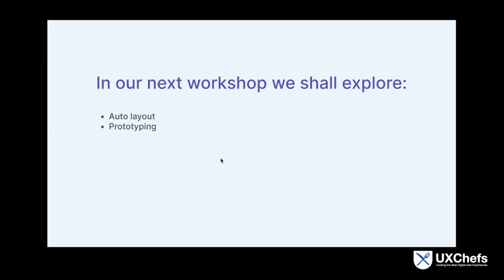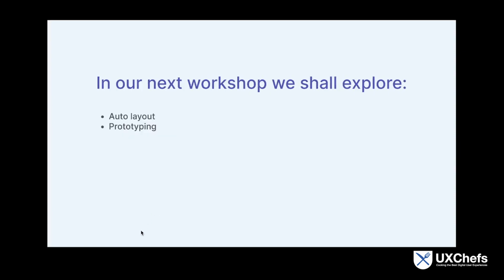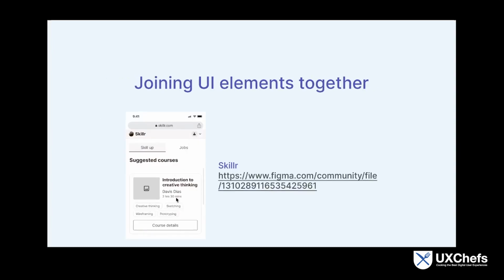So guys, in our next workshop, I'm going to be taking you through auto layout. After arranging these elements, I'll first show you how to arrange elements in a logical manner to make sure the spacing is right, and I'll show you how to improve on this specific design, because I made this design a couple of months ago, and I think it's now even outdated.